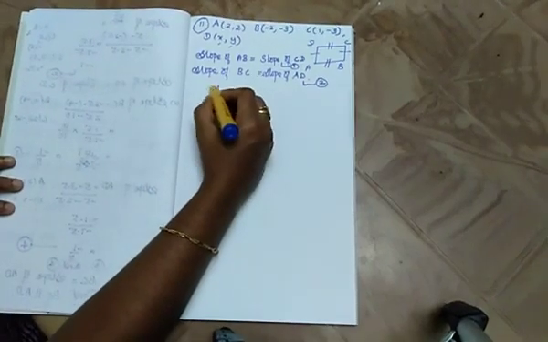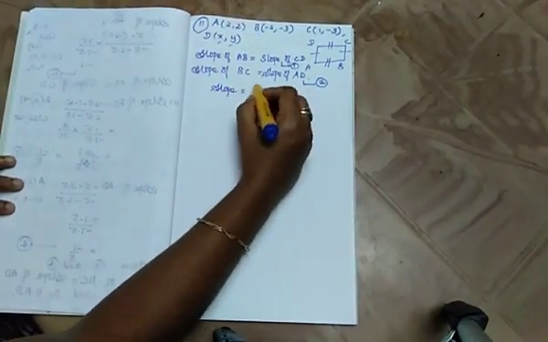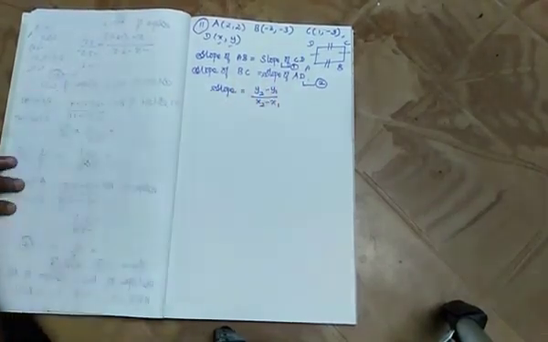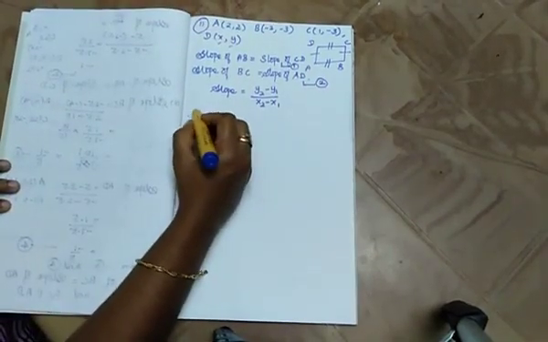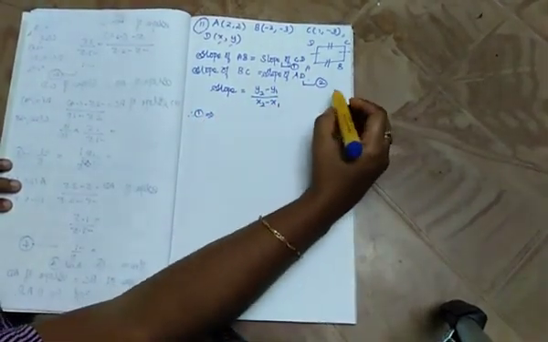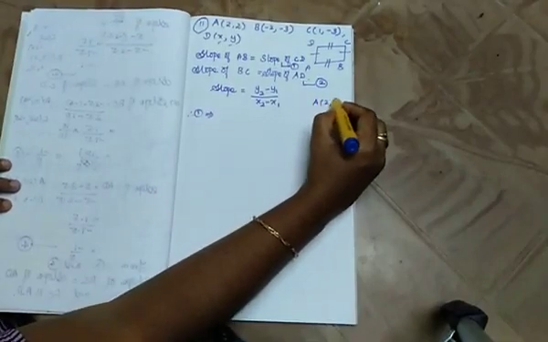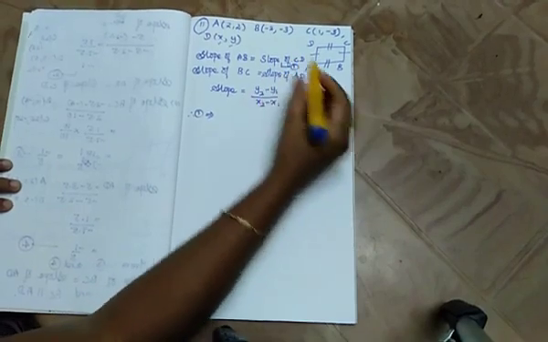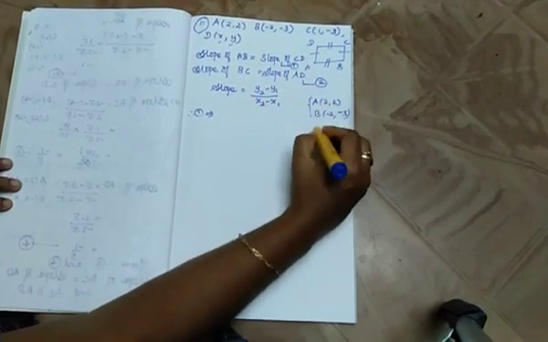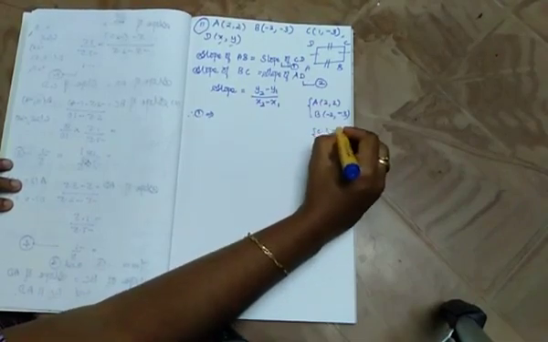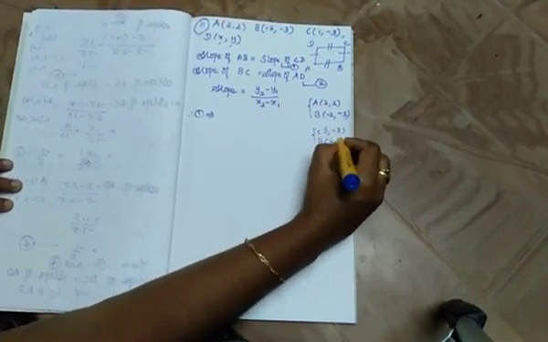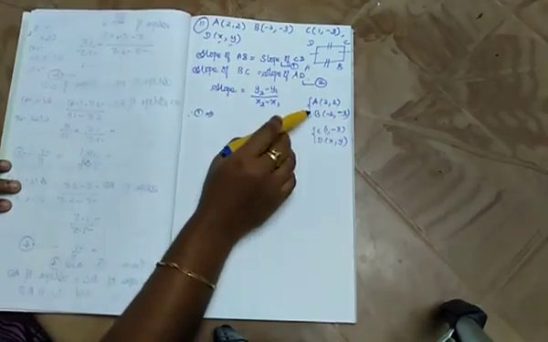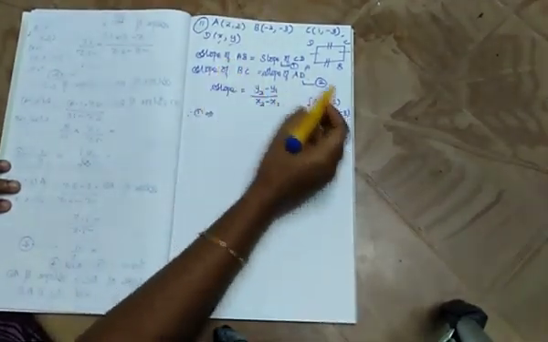Now we know the slope formula: slope is equal to y2 minus y1 divided by x2 minus x1. So A of (2, 2) and B of (-2, -3), as well as C of (1, -3) and D of (x, y). So slope of AB is equal to slope of DC.